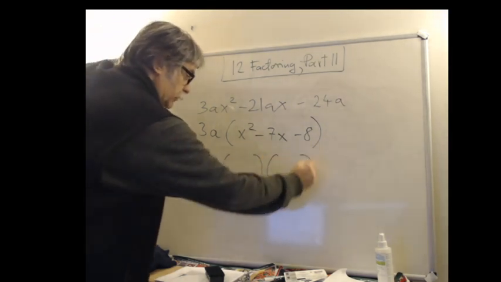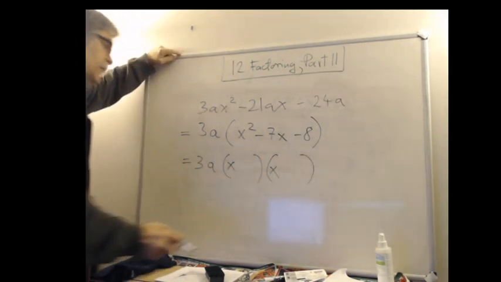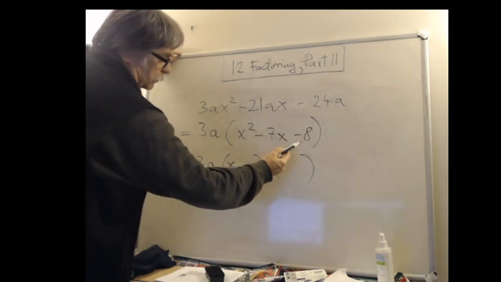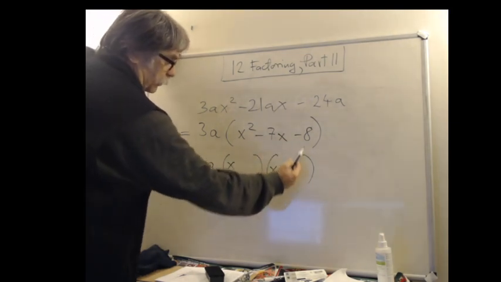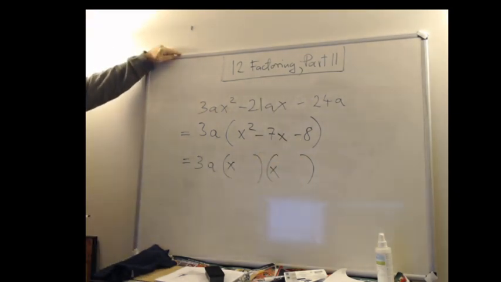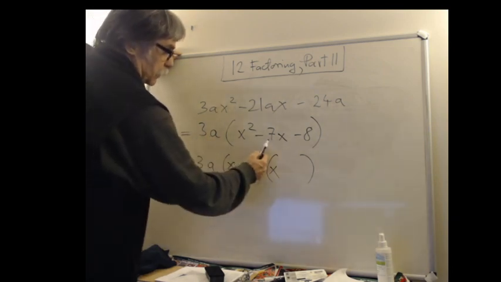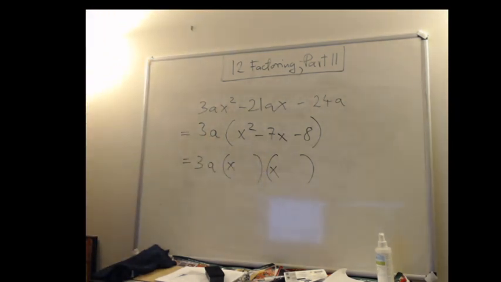So now it's easy. I need a product of 2, x and x. The product of this number and this number must be negative 8. And the sum must be negative 7. Okay? So one number is negative, one is positive. Negative 8 and positive 1.